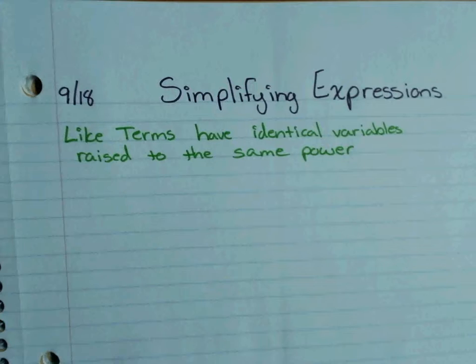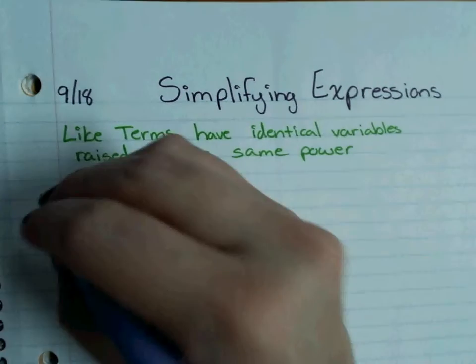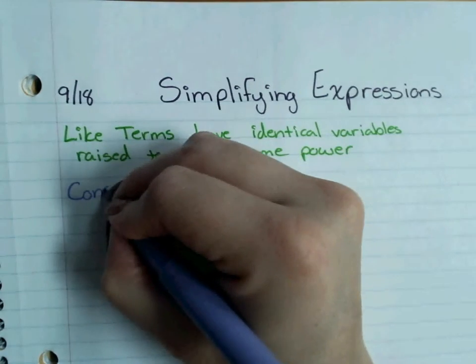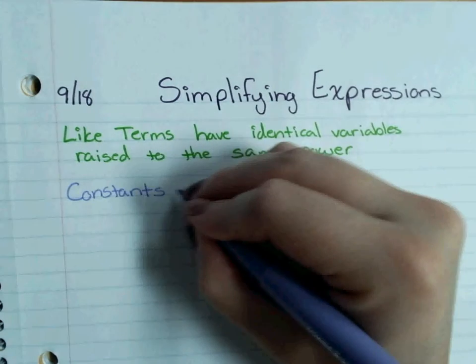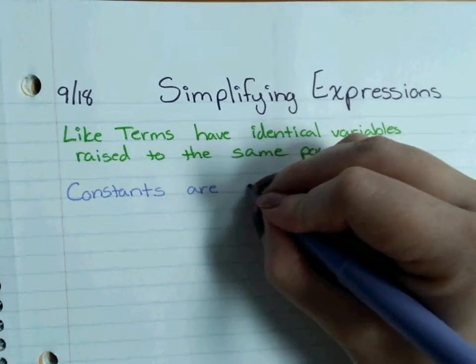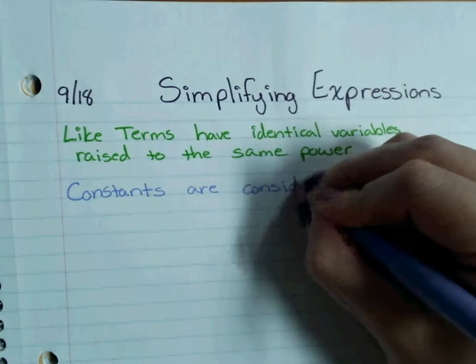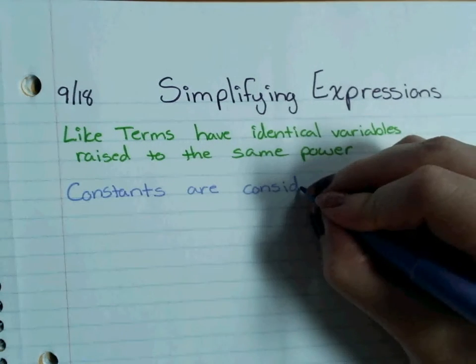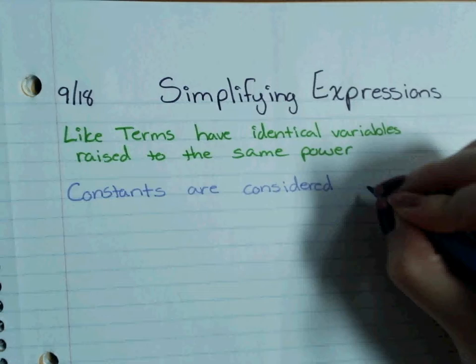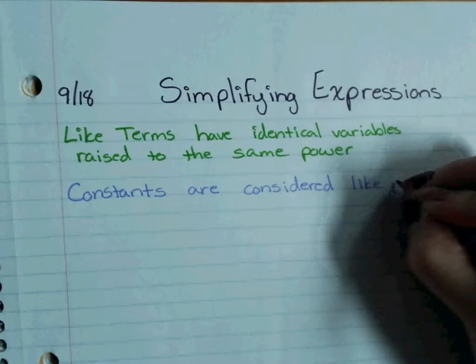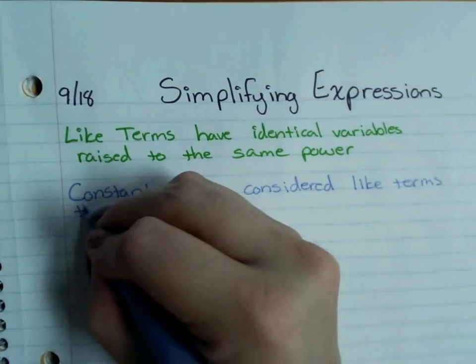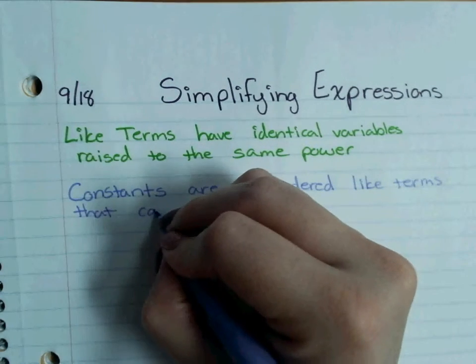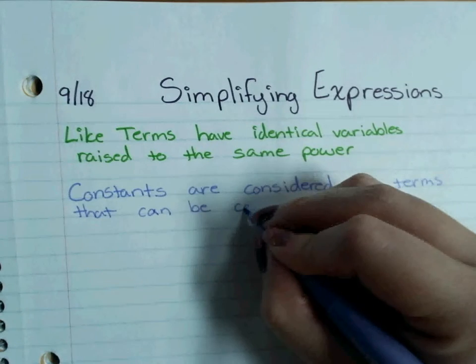Now when we're talking about like terms, constants don't have variables, but they're considered to be like terms to each other. So with a constant, it's just a number.